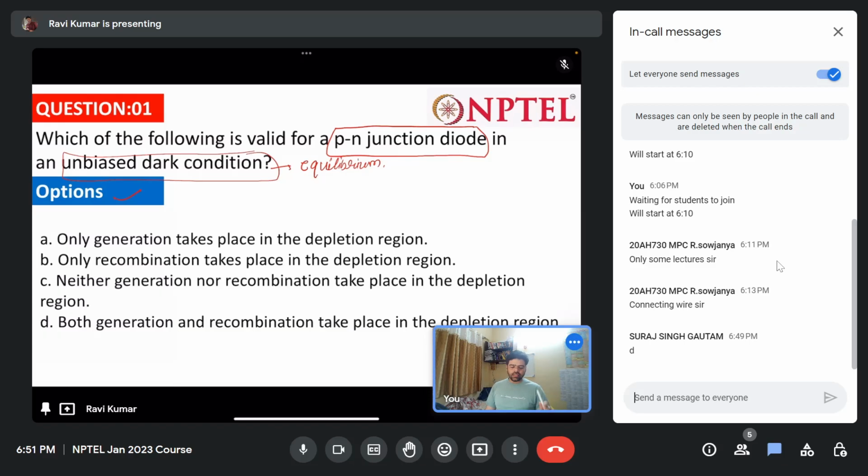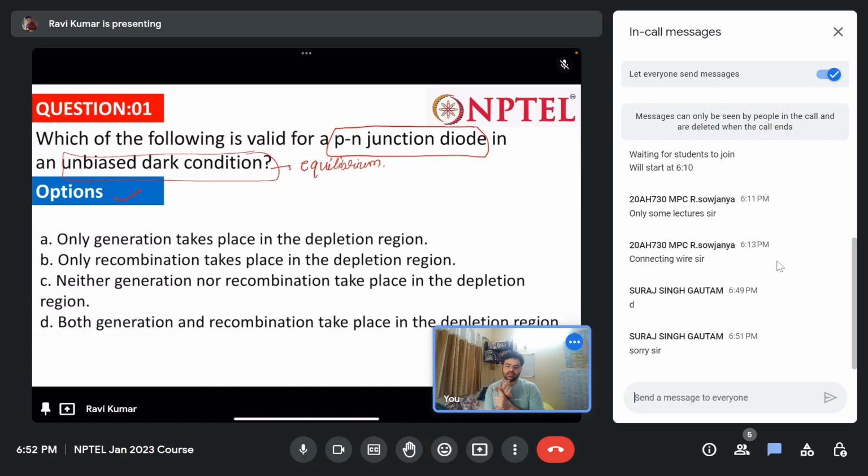See, what is the principle of a solar cell? It's okay, Suraj, no need to be sorry. We are learning here, and I'm just here to tell you what a solar cell does. In a solar cell, generation takes place inside the depletion region. But why?